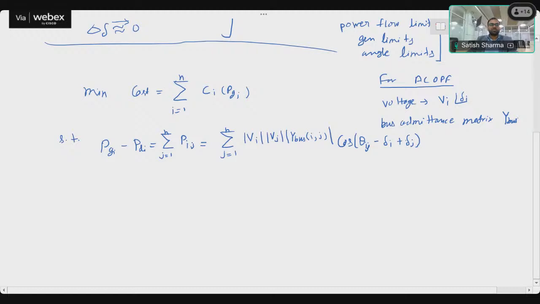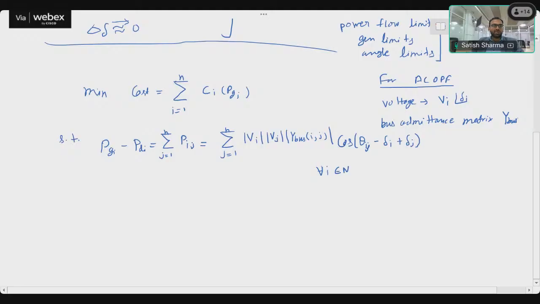This was the power balance equation, and we have to write it down for all the nodes available in the system.